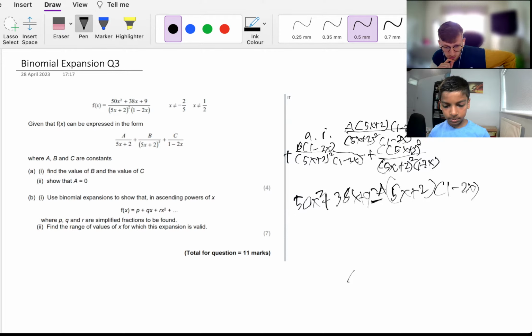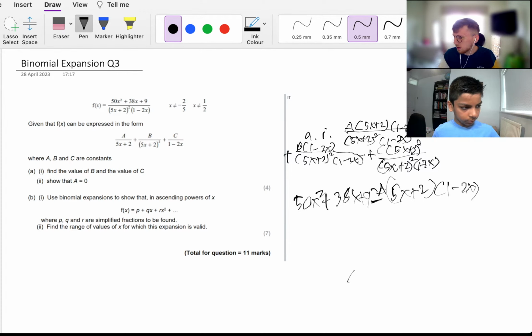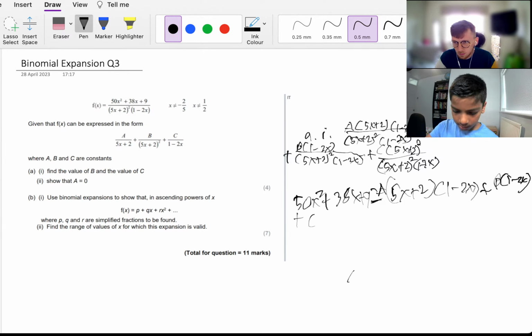So you've got your 50x squared plus 38x plus 9 equal to the sum of the numerators from your three fractions, a times 5x plus 2 times 1 minus 2x, plus b times 1 minus 2x, plus c times 5x plus 2 squared.